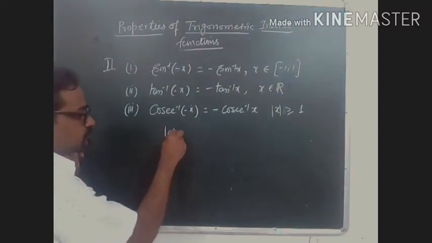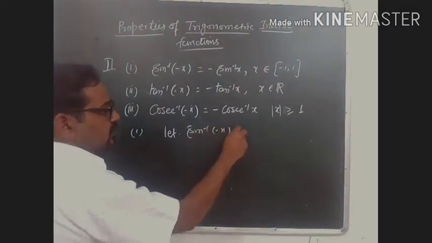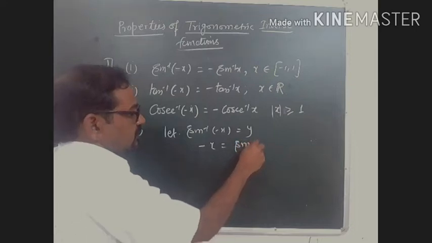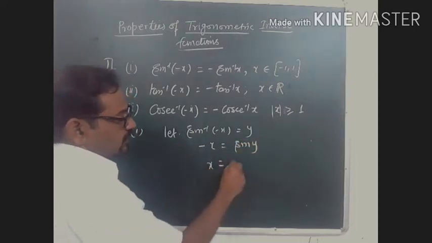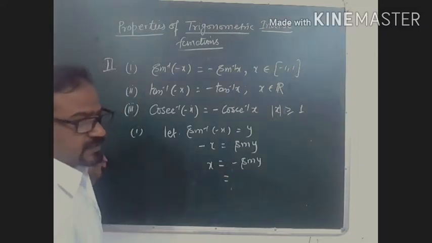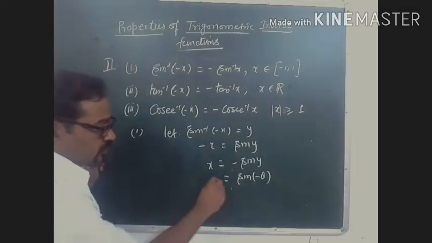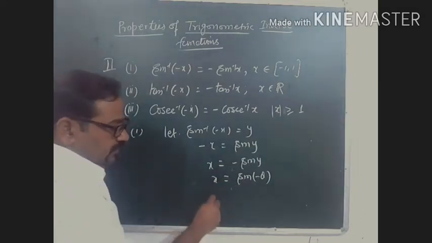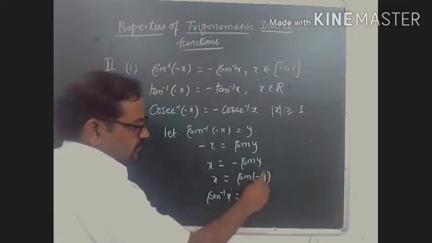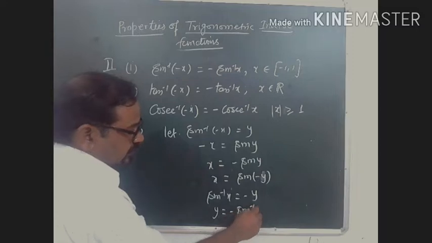In the first part, let sine inverse minus x equal y. Then minus x equals sine y, then x equals minus sine y. Since we know that minus sine theta is sine of minus theta, therefore, transferring the sign, sine inverse x equals minus y, then y equals minus sine inverse x.